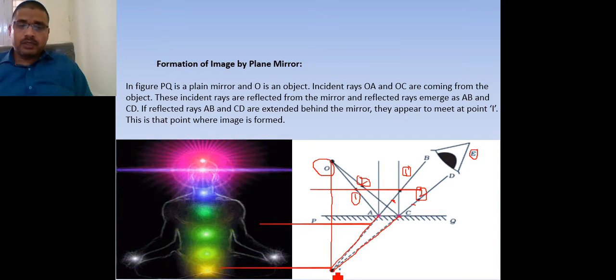The image formed by this plane mirror of this object is an erect image.